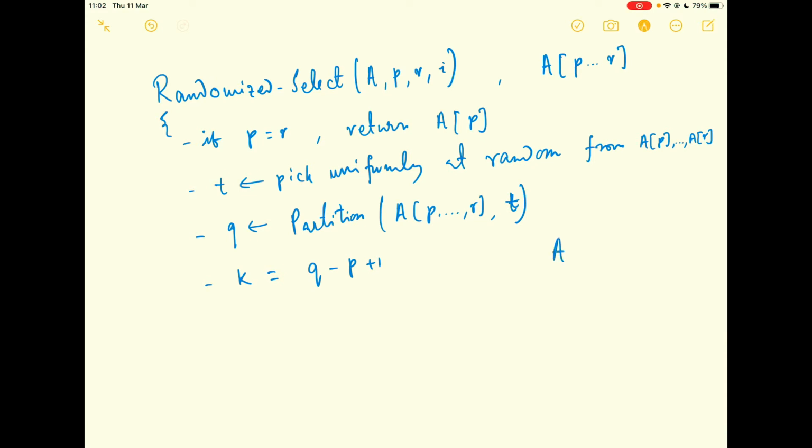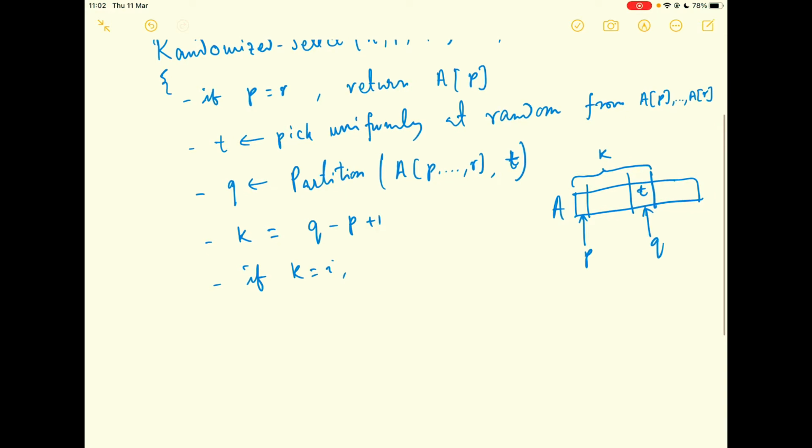So if this is the array A[P..R], and suppose here T stays after the partition, and this index is Q and this index is P, and if this count is K, if this K is equal to i, then our pivot element T is the ith smallest element. So if K equals i, then return T.